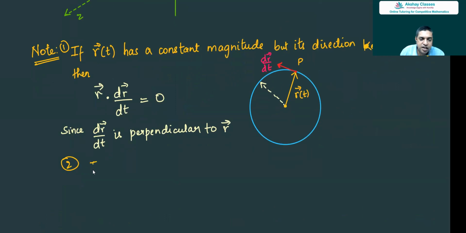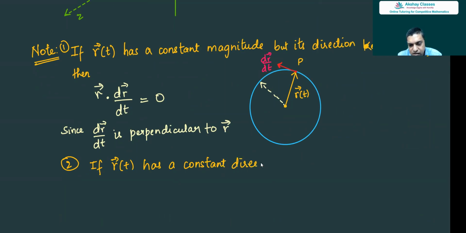Number two, if r of t has a constant direction but its magnitude changes, then dr by dt exists.